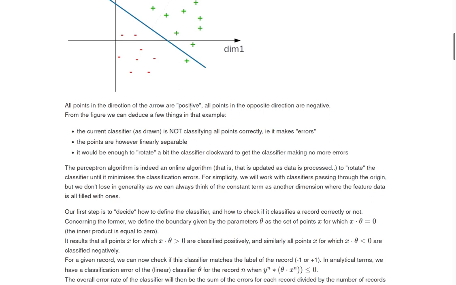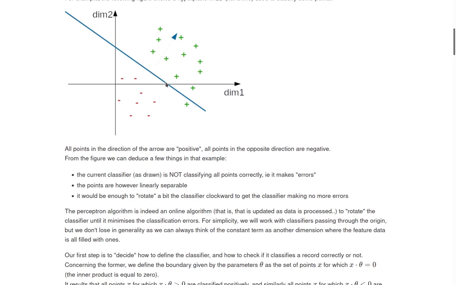So what the perceptron algorithm is, is nothing else than an algorithm that tells us how to rotate this hyperplane in order to minimize the classification error.